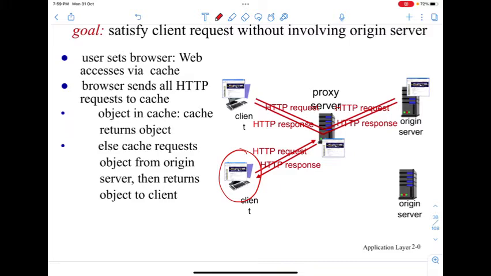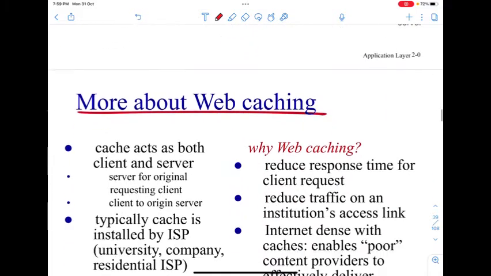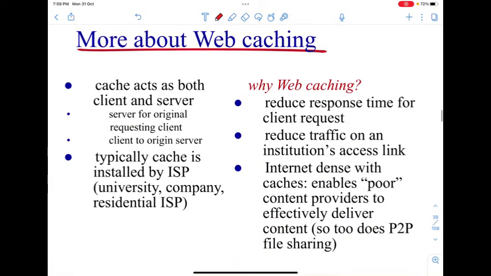How? Let's say that the client is requesting an object that is not in the proxy server. In that case, the proxy server is going to play the role of a client, and it will send a request to the origin server, which is going to respond with the object, and the proxy server is going to store that object in its cache memory.